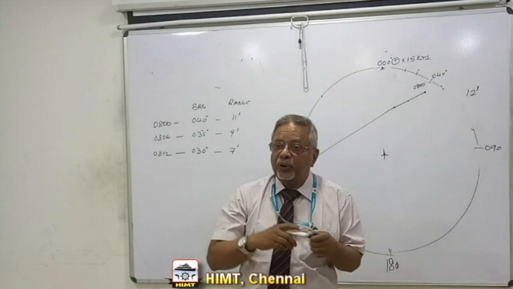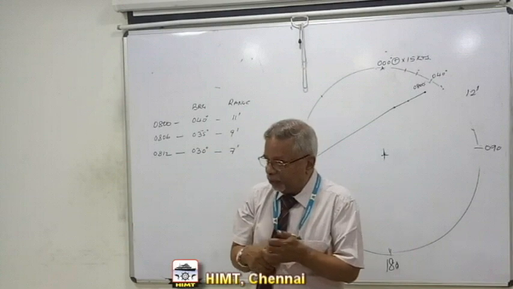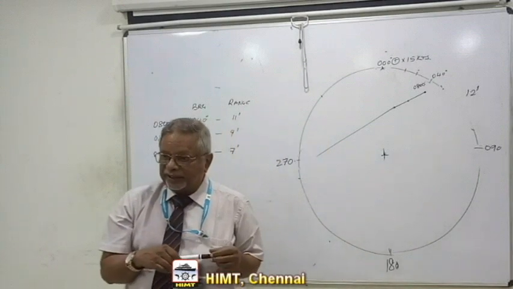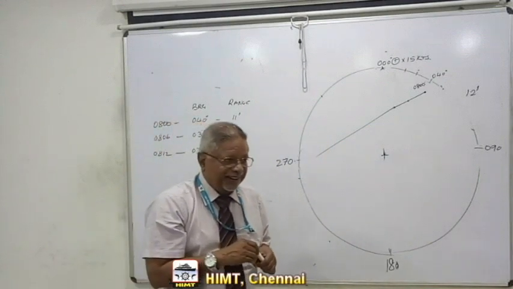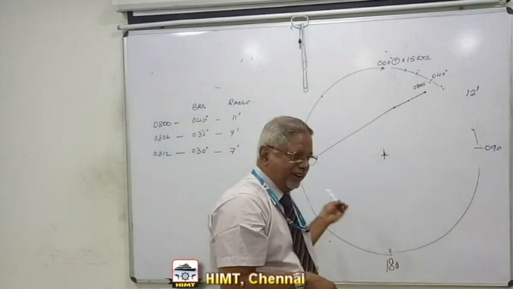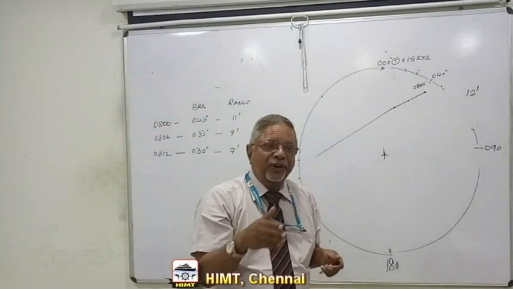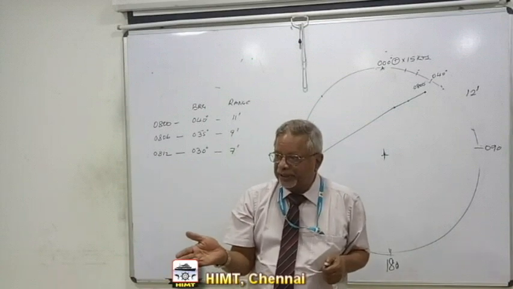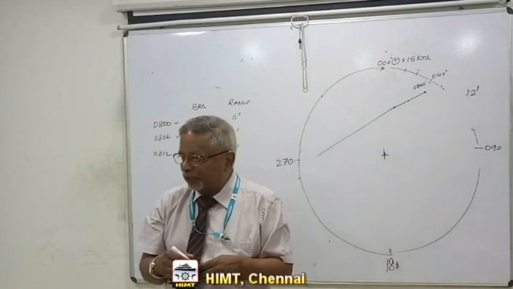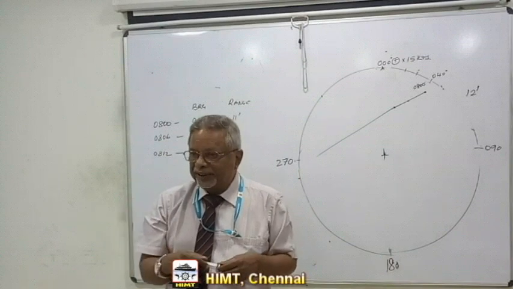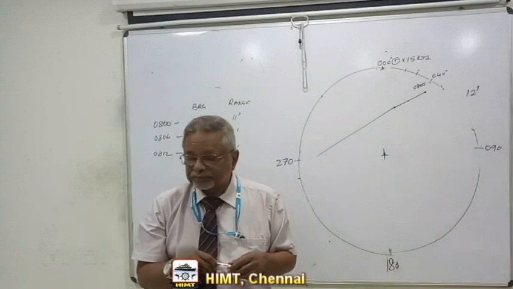As long as your own ship maintains her course and speed, and the target maintains her course and speed, the target will move on this line. If either one alters the course or speed, or both alter the course and speed, then the target will obviously not follow this relative line of approach. The relative line of approach will be different.